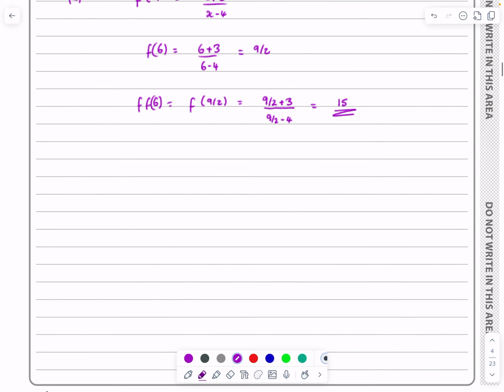Part B then says, can we find the inverse? So if the function was written down in terms of y = (x + 3)/(x - 4), then let's just rearrange, make x the subject.